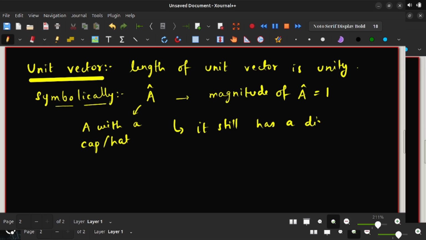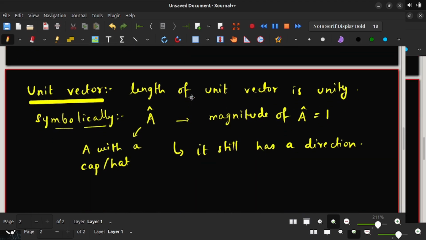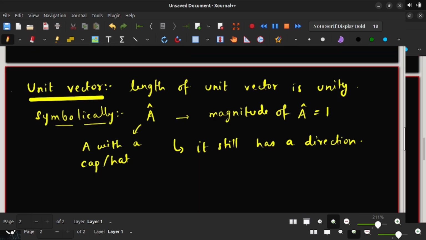Okay. So what is the difference between a 0 vector and a unit vector? The length was 0, here the length is 1. There it did not have any kind of direction. Here there is a direction. So why am I introducing this unit vector? The use of a 0 vector is understood to us because the use of 0 is a lot, even in basic algebra. What about a unit vector?